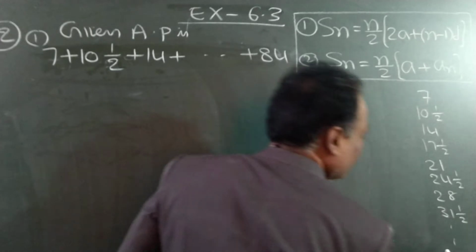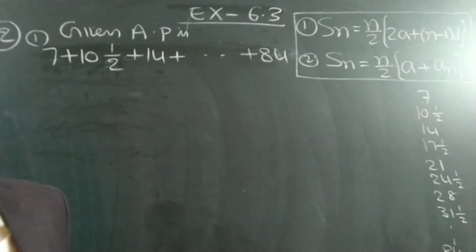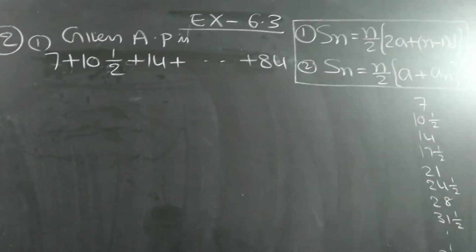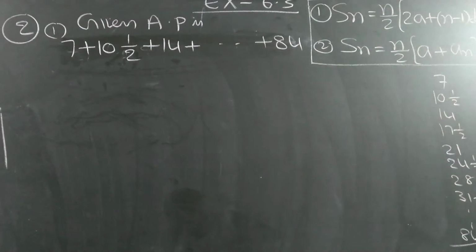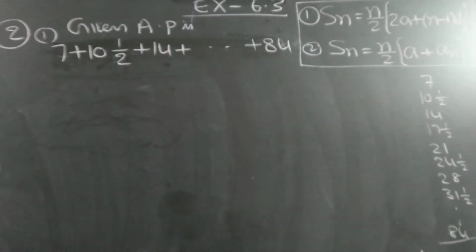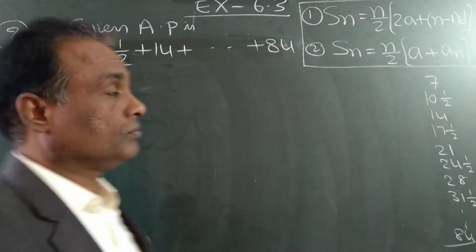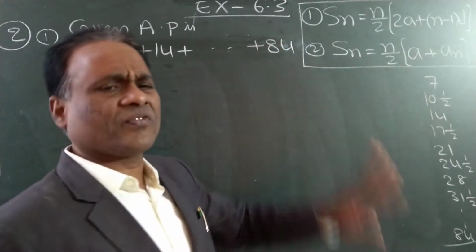So last we will get 84 and the question is to find the sum of all the terms. So 84 is which term, how many terms the progression is having, that you have to tell. So how many terms it is having, that we have to find. After finding the number of terms, then any formula we can use.